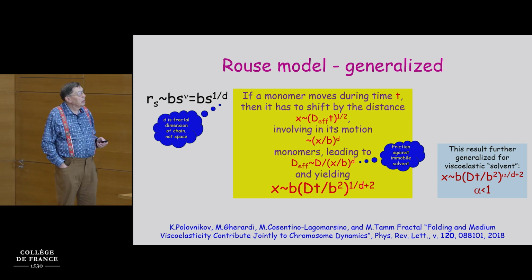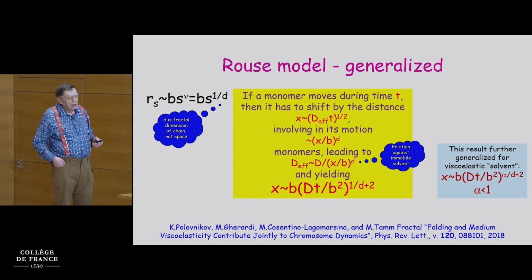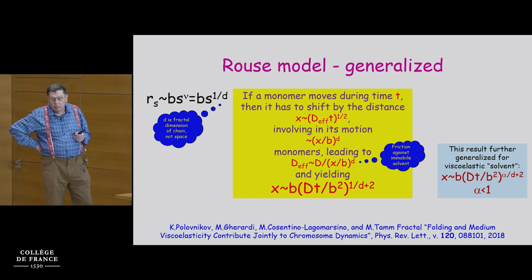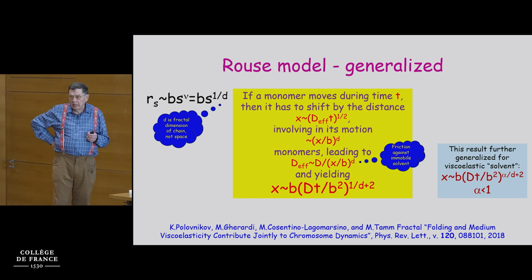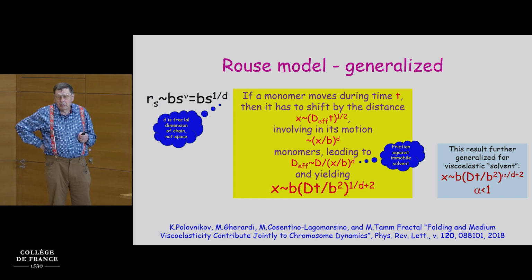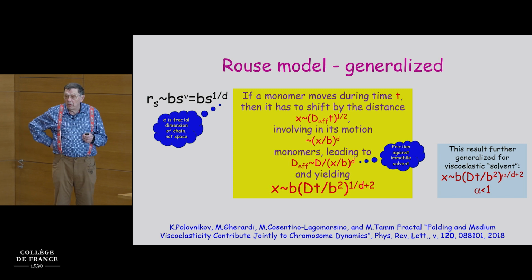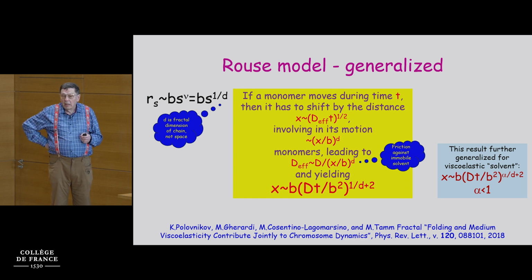And my way to describe to you Rao's model is to do generalized Rao's model. Because we discussed with you that, in fact, most likely these chromatin polymers are not Gaussian. So let's not suppose that they are Gaussian. The defining property of Rao's model is not the fact that polymers are Gaussian, but rather the fact that dynamics of every monomer is controlled by friction against immobile solvent.